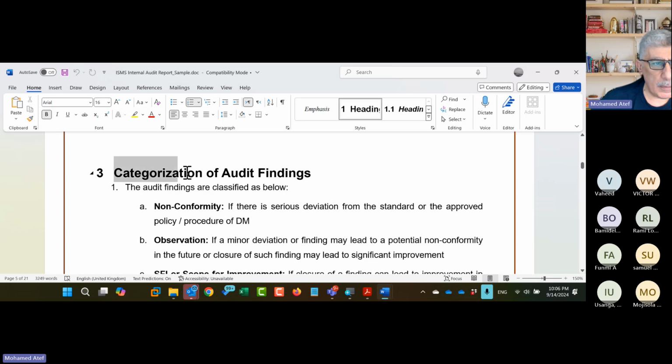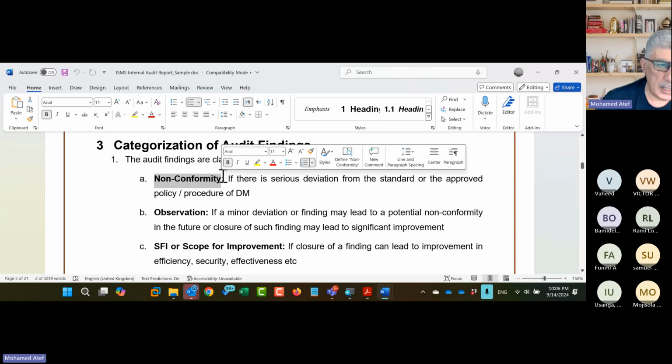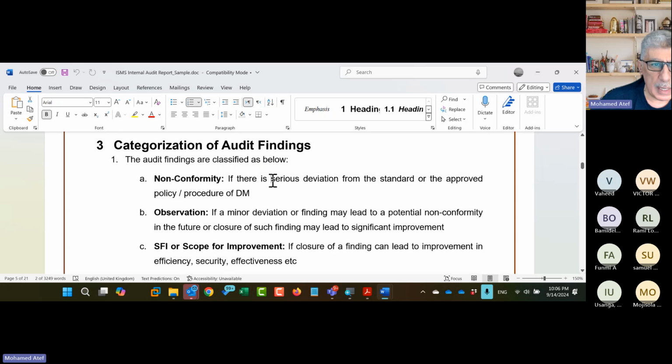We have three different types of finding in audit. The first one is the non-conformity, or NC. This is when we find that a specific control is not in place or not implemented in the right way. To simplify, it is a serious deviation from the standard.